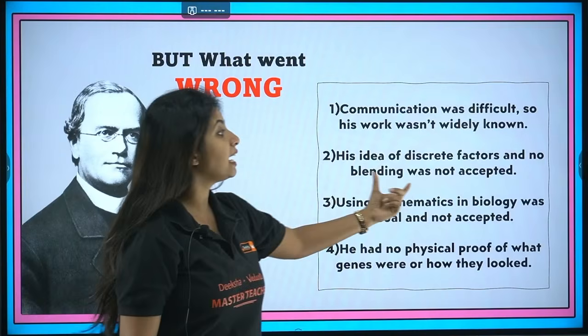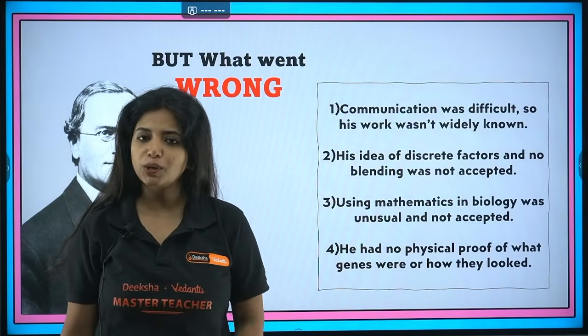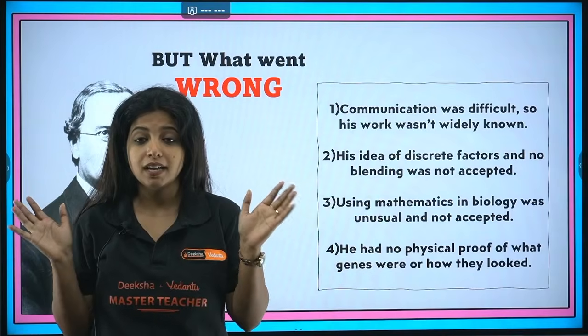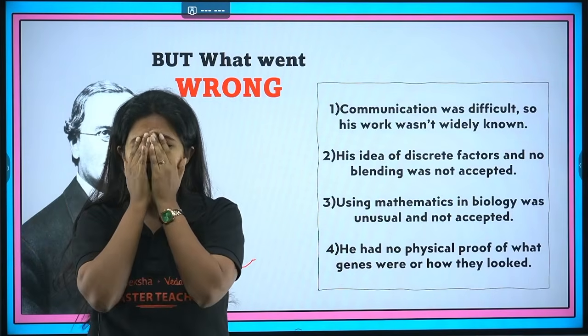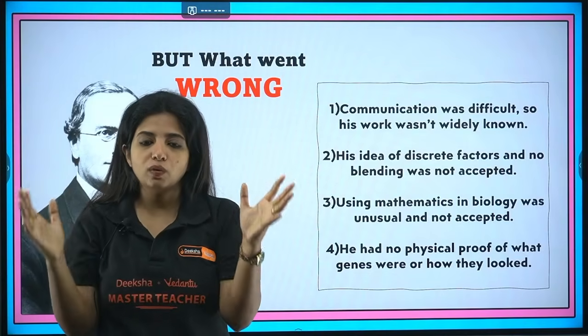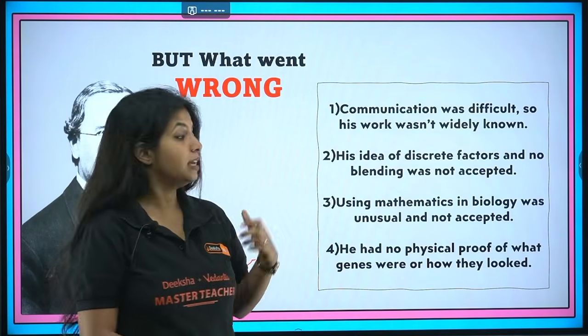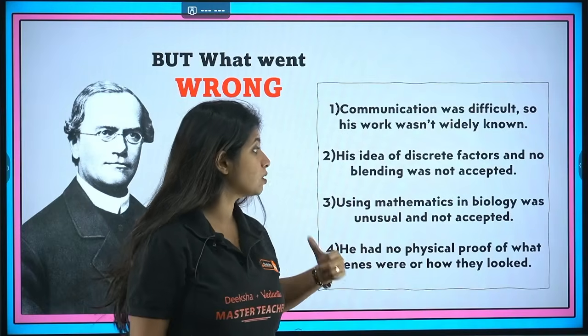Second thing, his idea of discrete factors and no blending was not accepted. He said that units are there, capital T, small t, it will always give a tall. There is no medium character that was being seen, right? So this was not accepted. Using mathematics in biology was unusual and not accepted.